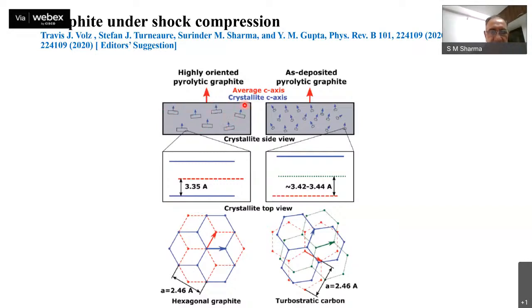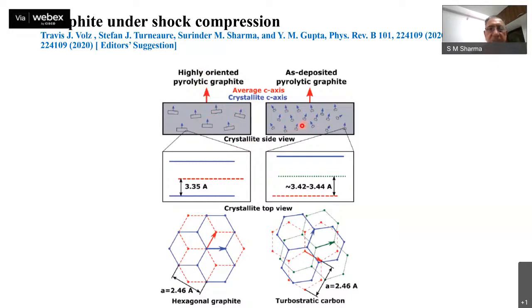You can see in a normal graphite, there is a slight misorientation between the crystallites which constitute the graphite. Almost all are pointing in one average c direction, but each crystallite has a slight variation with respect to that average c-axis.